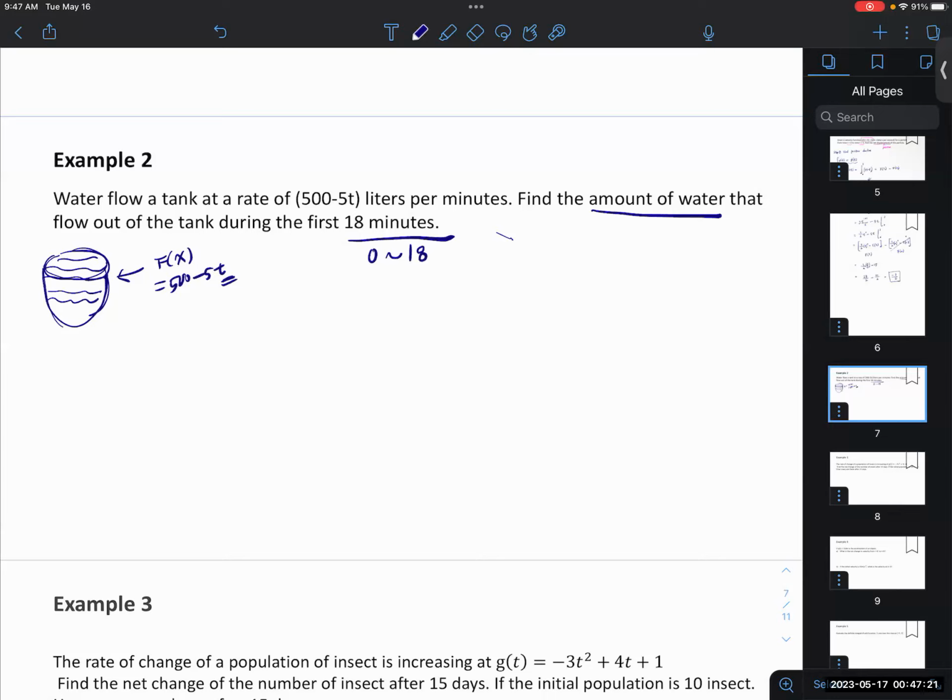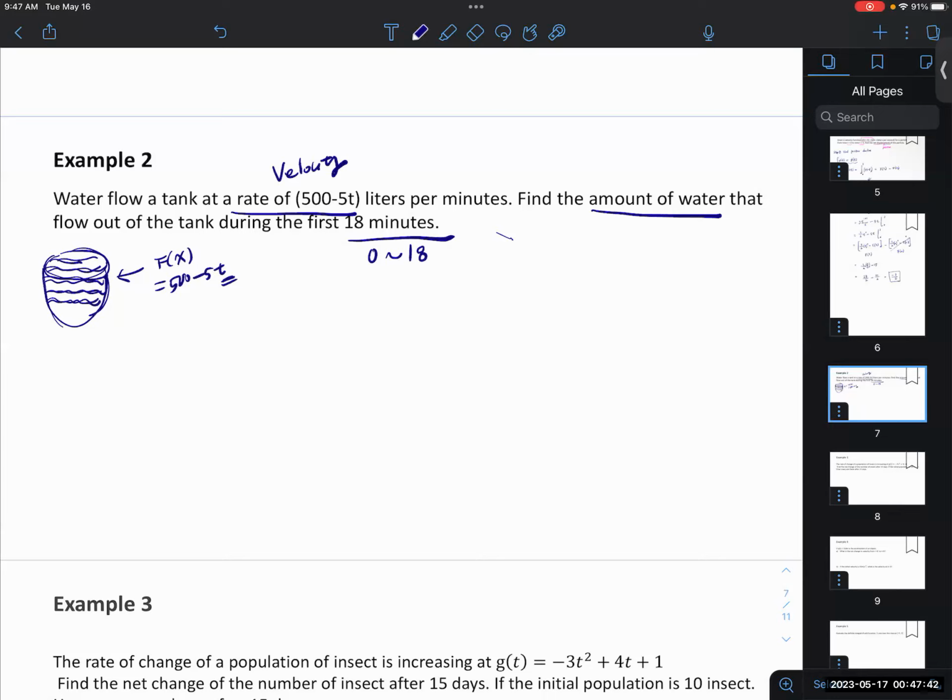After 18 minutes, how much water will be filled? So think about it. We have a rate of change. This is a rate of change, kind of like a velocity function, right? This is a velocity function. And then over the time, the position of the water is going to be changing. It's going to be filled.